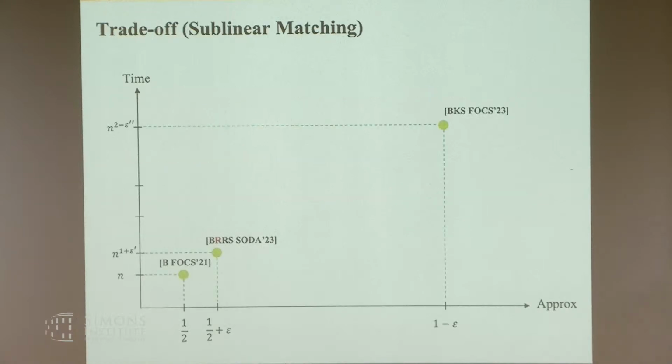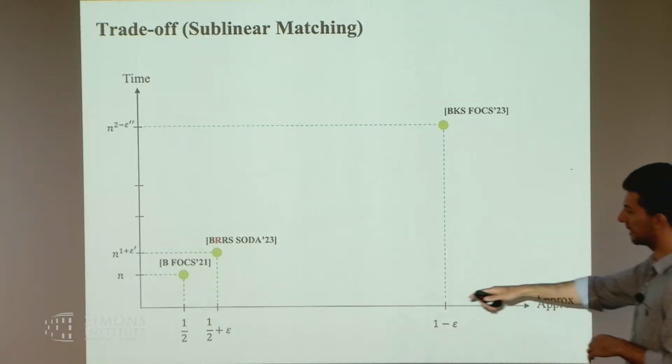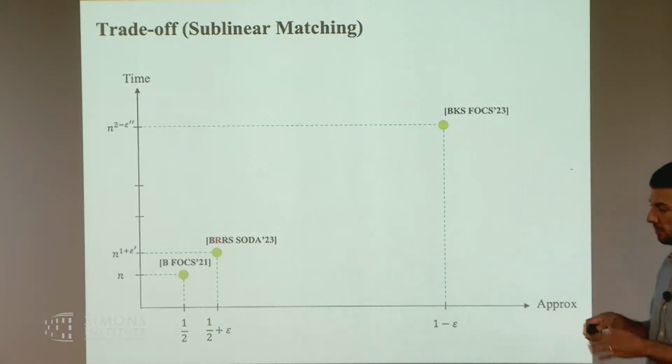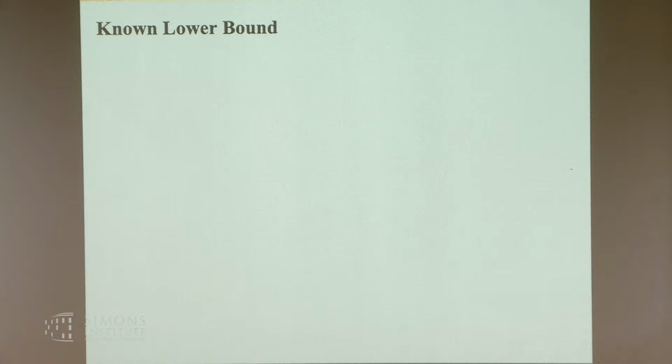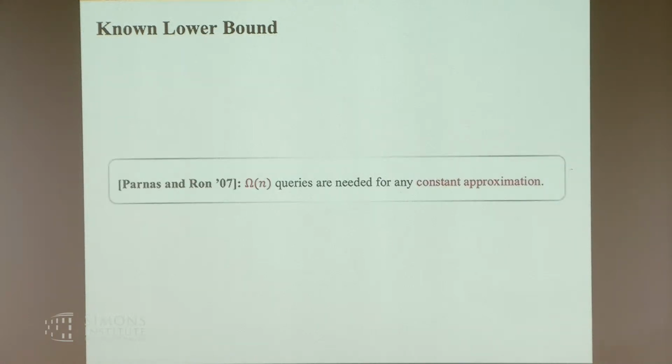So here is the trade-off between the time and approximation ratio of existing algorithms. There are two algorithms that get roughly half approximation in near linear time with respect to n, and also the result of Shayan, Peter, and Tachapol that gets 1 minus epsilon approximation in slightly subquadratic time. In terms of lower bounds, Parnas and Ron proved that if you want to get any constant approximation, you need to spend omega of n time.